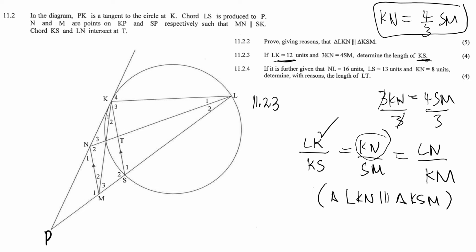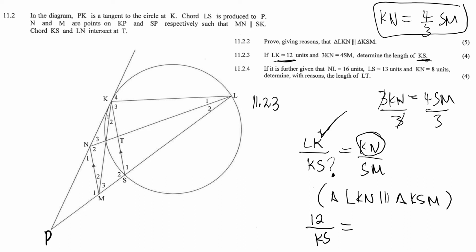Meaning this last proportionality won't be useful, because we only have LK. We want to solve for KS, and KN and SM are also given, meaning that we're only going to take that proportionality. So that is the proportionality we're going to use. Where there is LK, we put 12. We want KS is equal to, what is KN?